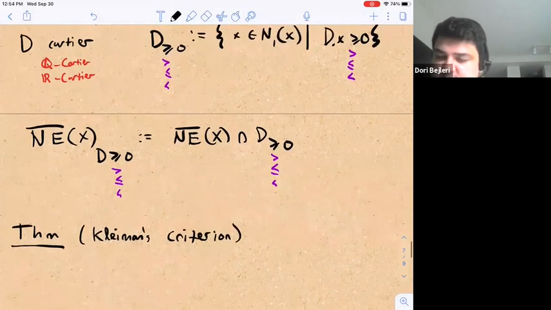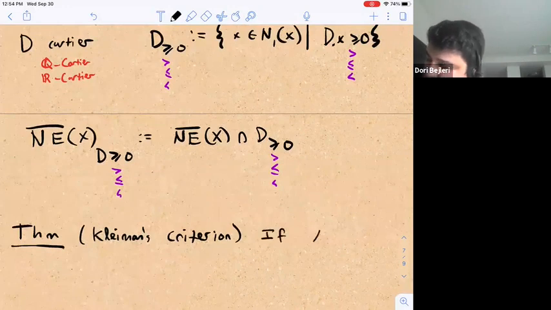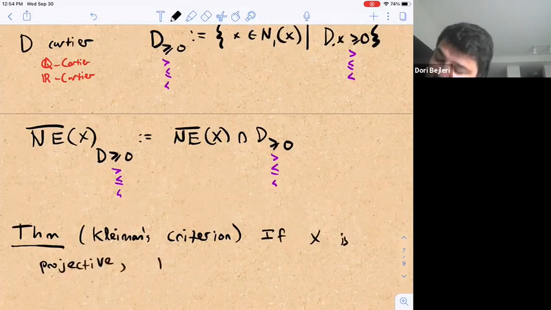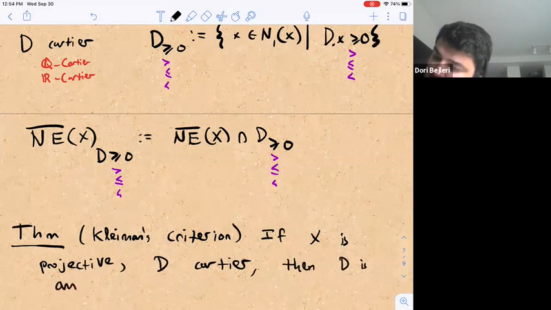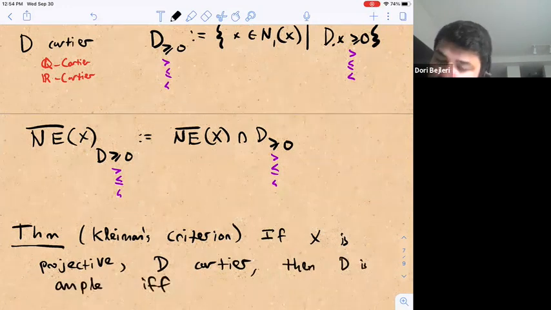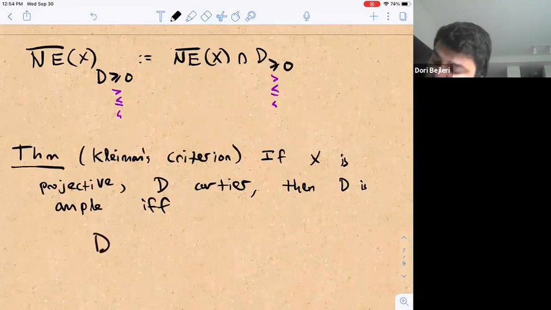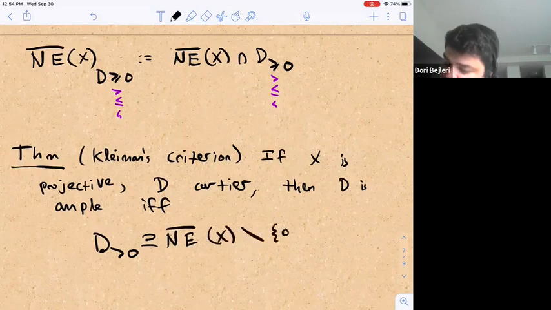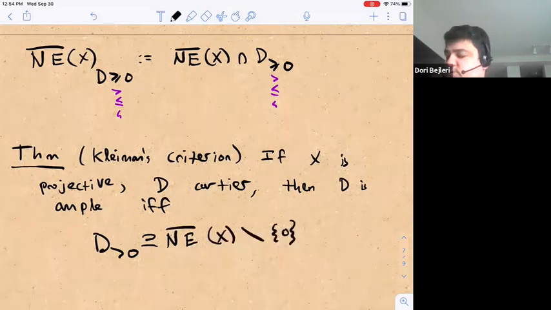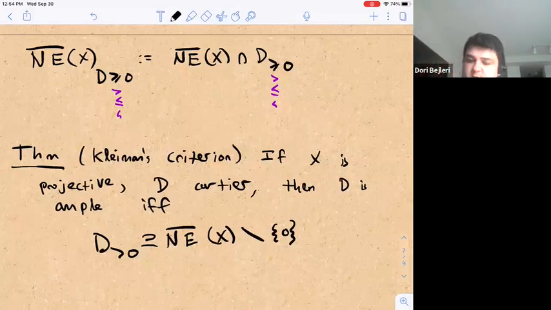But in this notation, Kleiman's criterion says if X is projective and D is Cartier, then D is ample if and only if the locus D strictly greater than 0 contains the full cone of curves minus 0. So that's a restatement of Kleiman's criterion in this notation.